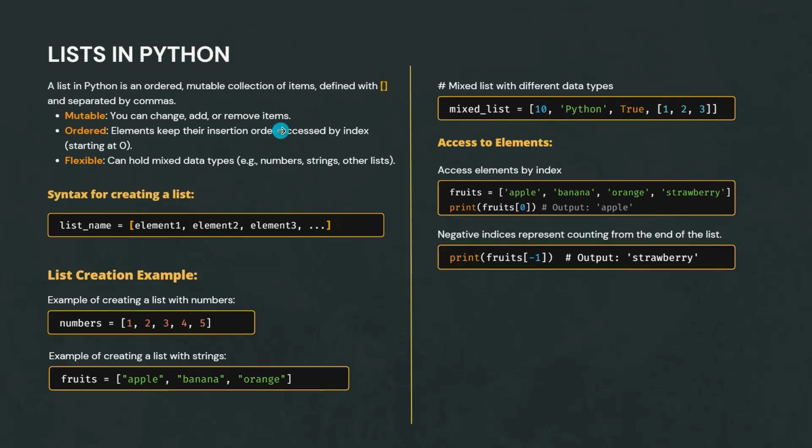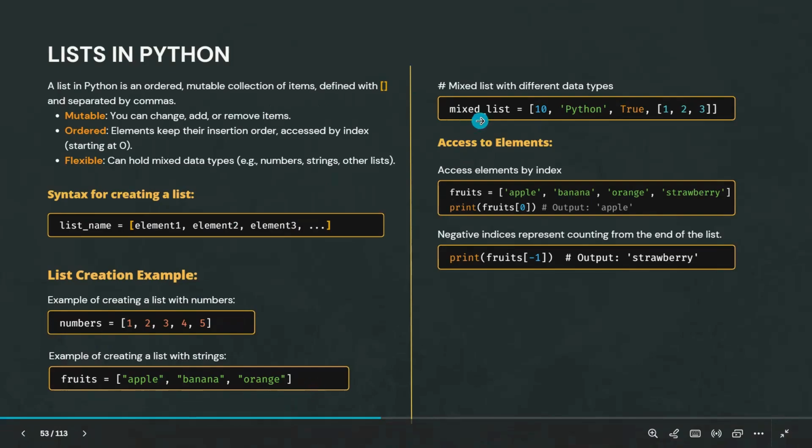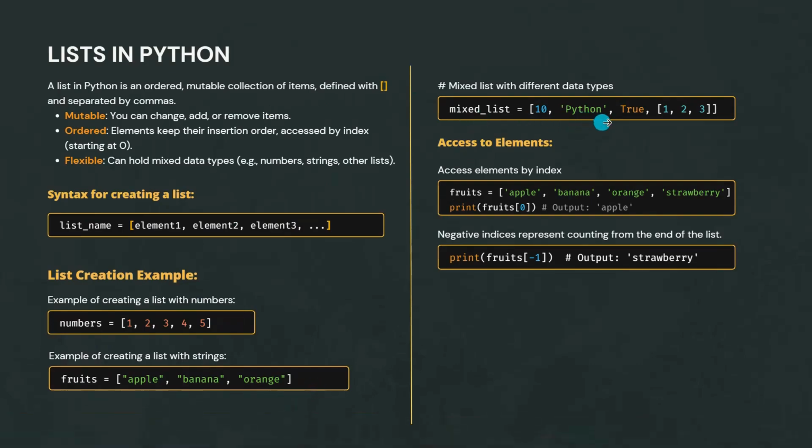We can change them, we can add, we can remove items. And why are they amazing? Because they follow the order that you give, element 1, element 2, element 3, and it will start from 0. The position of the first element in the list starts from 0, and it can hold any data type, numbers, strings, anything. So this is how you create numbers in a list. You can create fruits in a list. You can keep a number, a fruit, a boolean, and even a list.